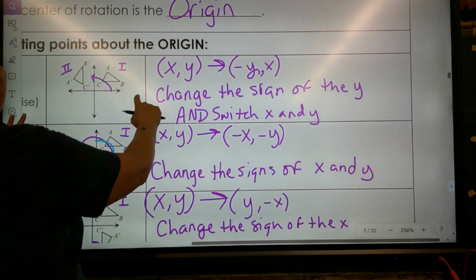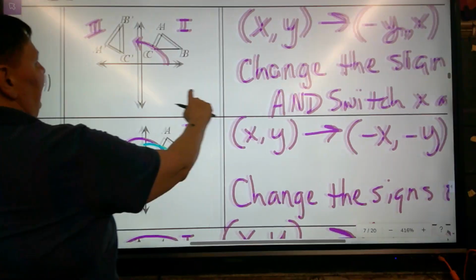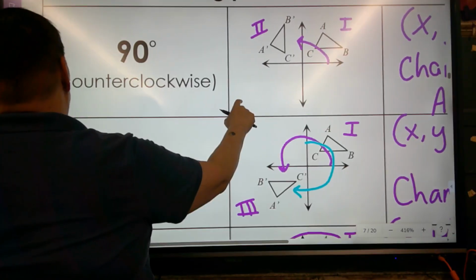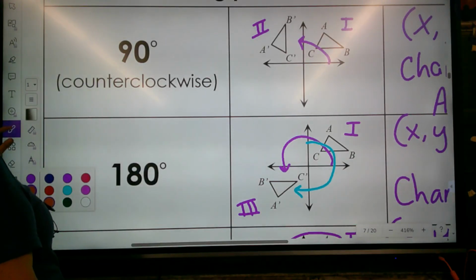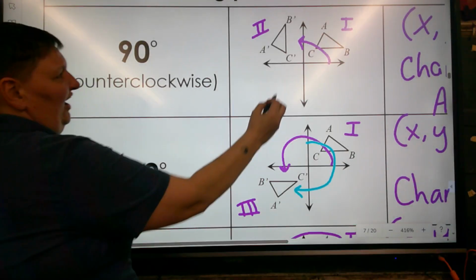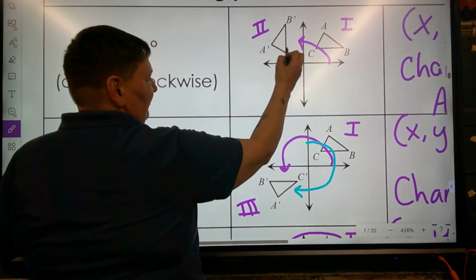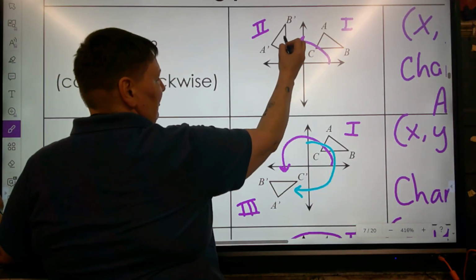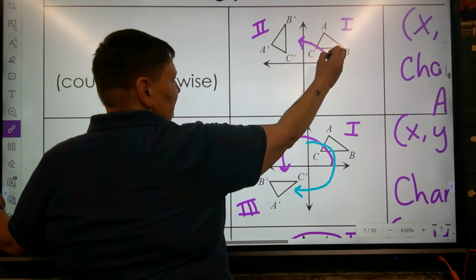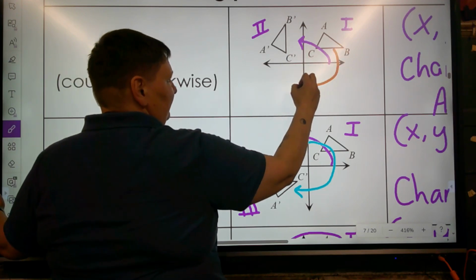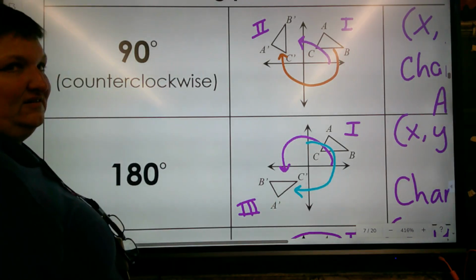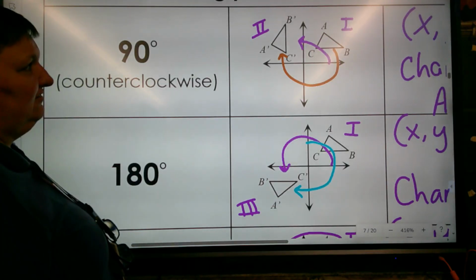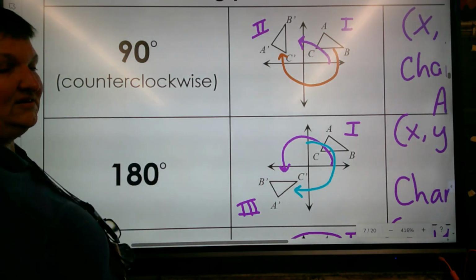All right, let's look at 90 degrees counterclockwise. So if we were going clockwise instead of counterclockwise, how would this get to here? Instead of going counterclockwise, you would have to go 270 degrees clockwise, right? To get it to the same spot.